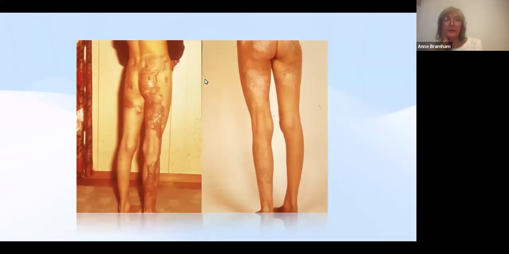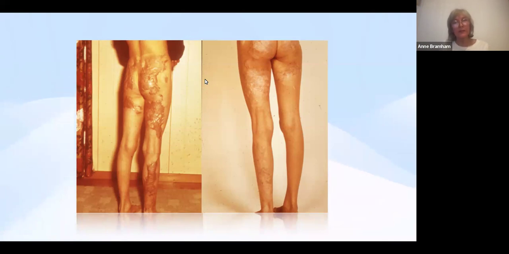This is one of the slides that I was shown in my training that actually got me enthralled. And this was obviously a burn patient from the Vodder clinic in Austria. And basically, you can see the improvement is quite dramatic. And this is in just a few weeks of treatment.